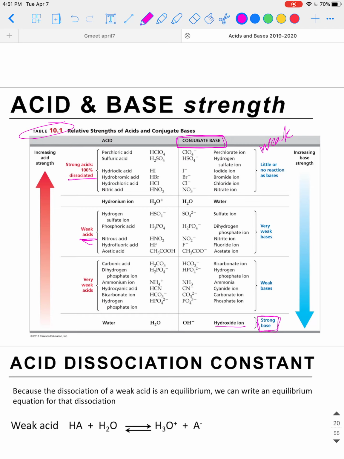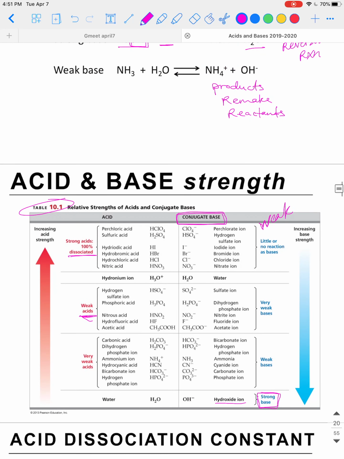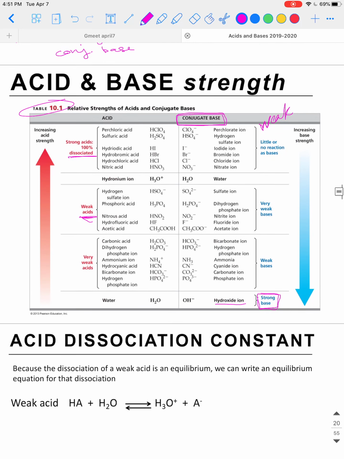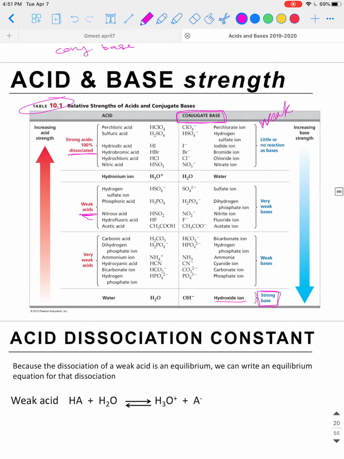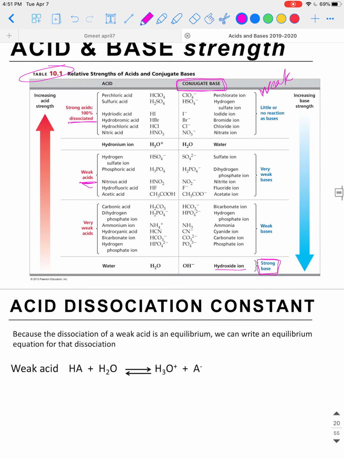The stronger the acid, the weaker the conjugate base. All right, so really strong acids have really weak conjugate bases, and really weak acids have really strong conjugate bases.